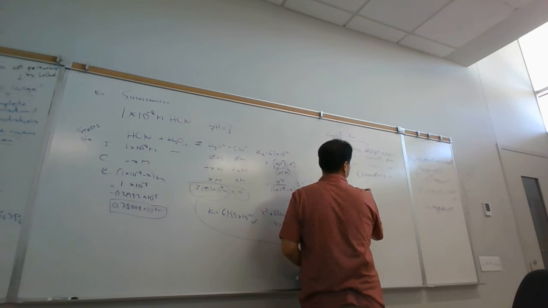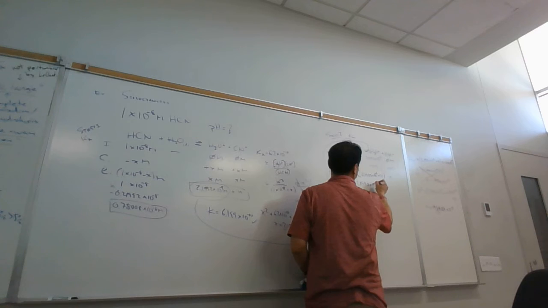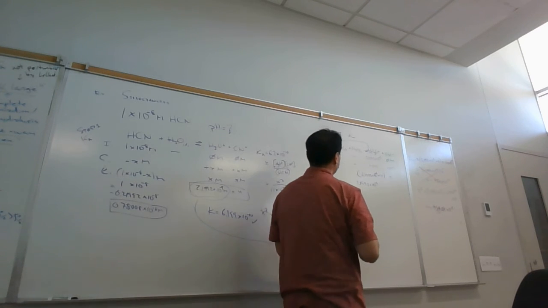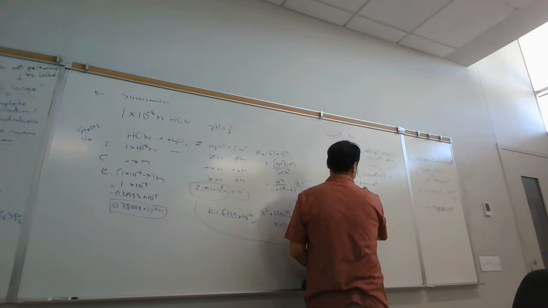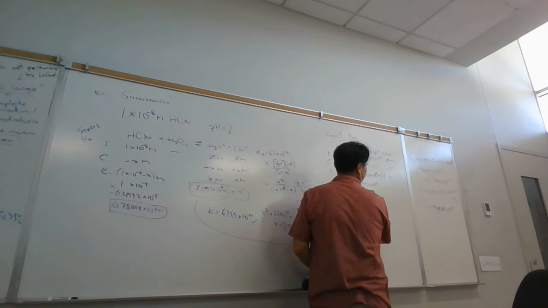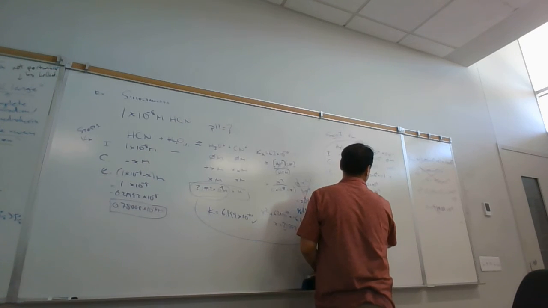The amount of hydronium originally was 2.1992 times 10 to the minus 9, and then in step 2, we're adding some additional hydronium to that. And so it's going to be plus 98.9064 times 10 to the minus 9.